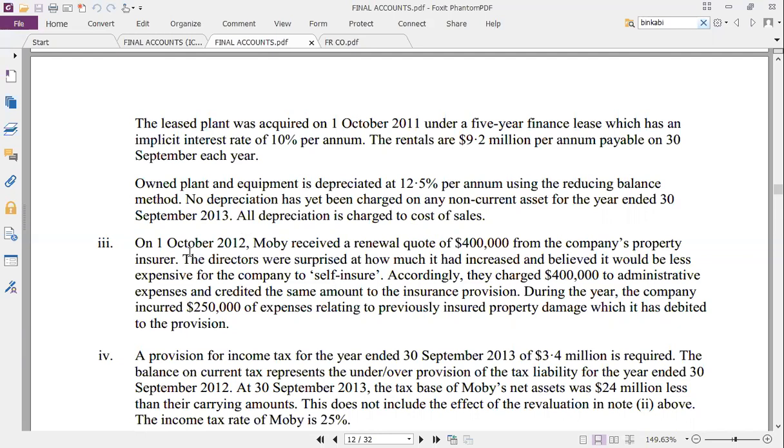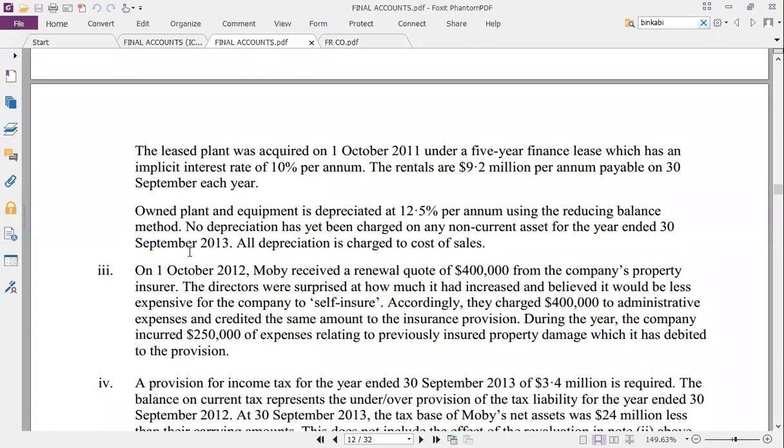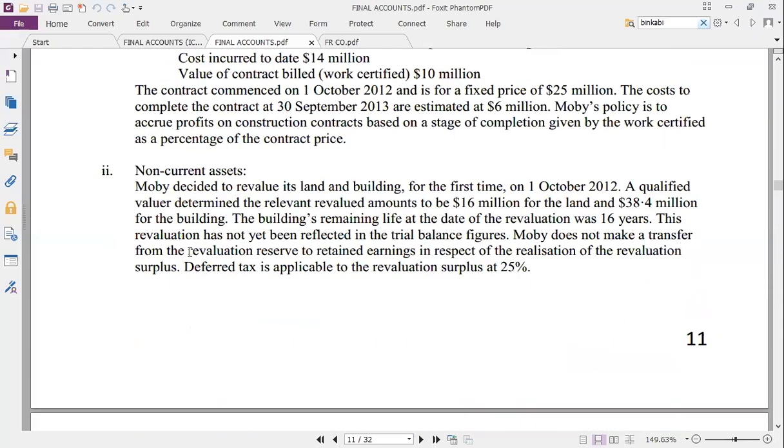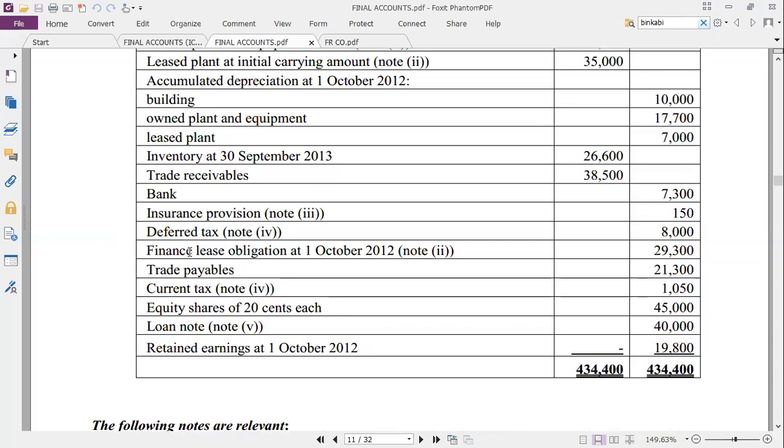However, according to IFRS 16, we are not going to use the 35,000. That 35,000, the initial carrying value, is the fair value at the date of acquisition. IFRS 16, leases, requires all leases to be carried at cost at inception.